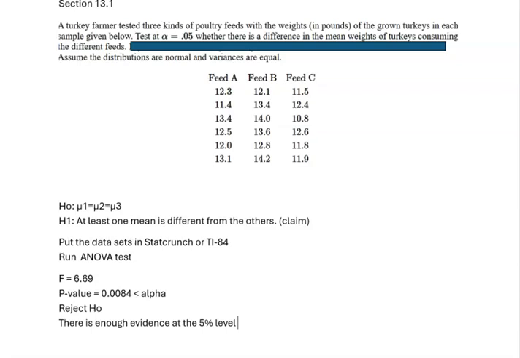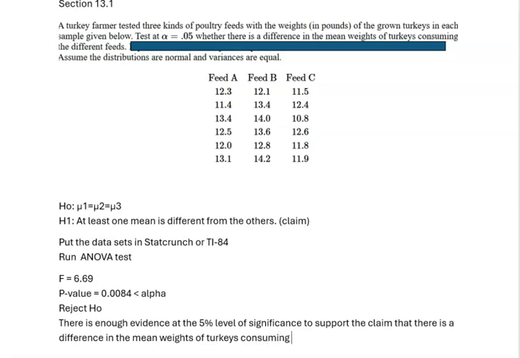So if you reject H0 and the claim is in H1, you support the claim: there is a difference in the mean weights of turkeys consuming the different feeds. So this is how you use StatCrunch in section 13.1.